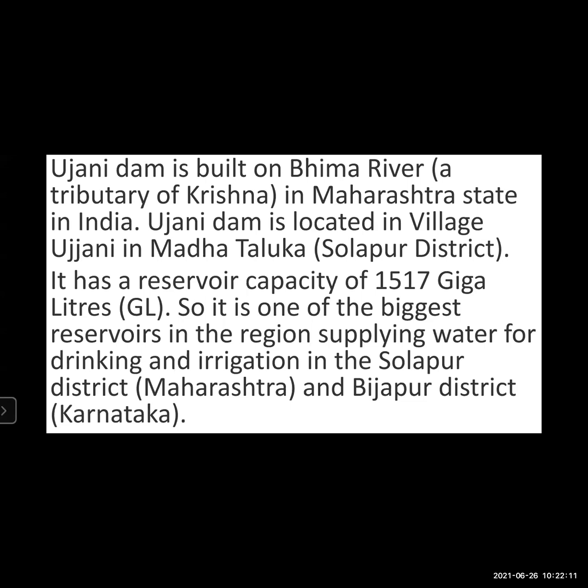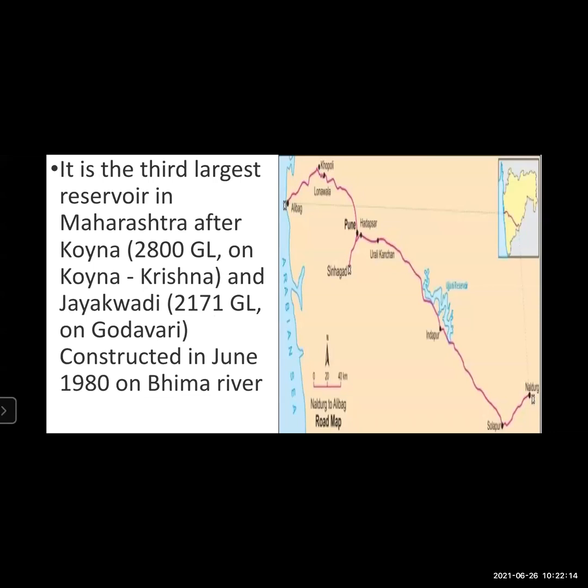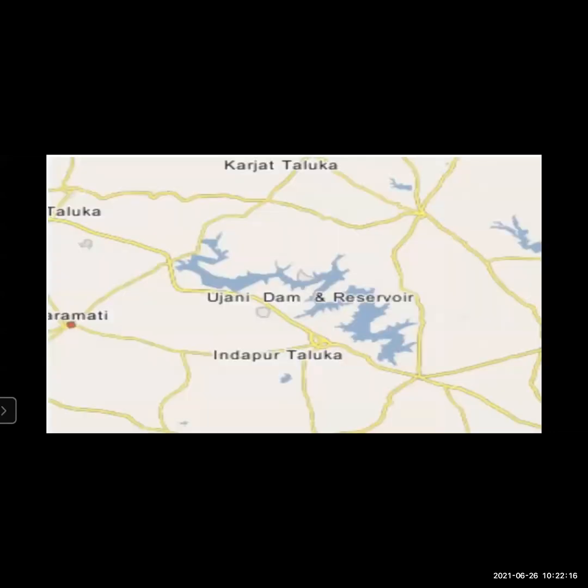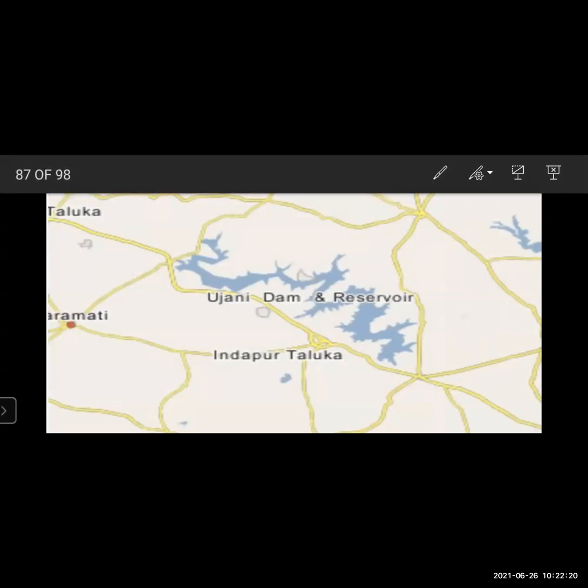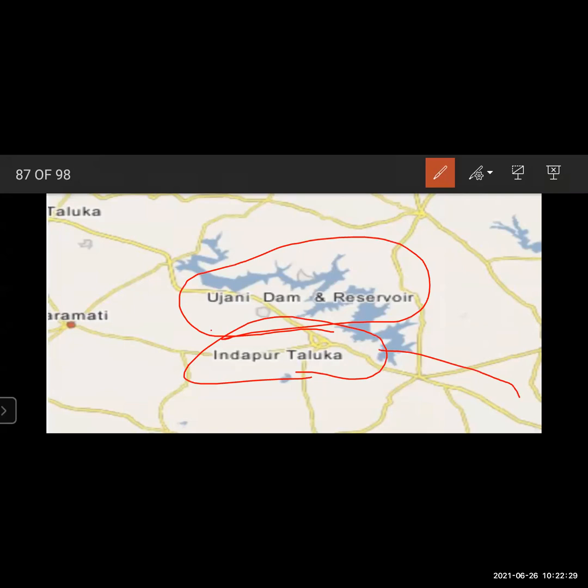So Solapur district in Maharashtra and Bijapur district in Karnataka. Remember this and do not forget. See, this is Ujjaini Dam. This in the map, Ujjaini Dam. This is Indapur Taluka. And here is Solapur and here is Naldurg.